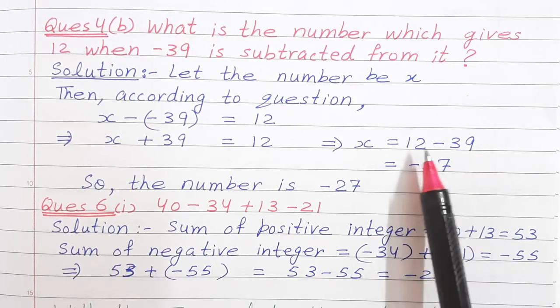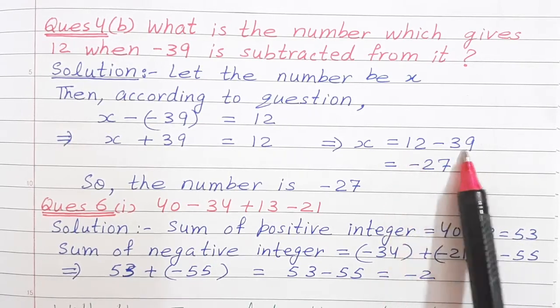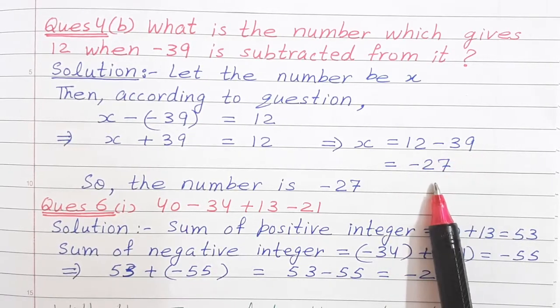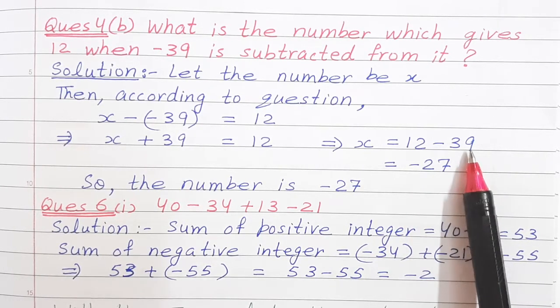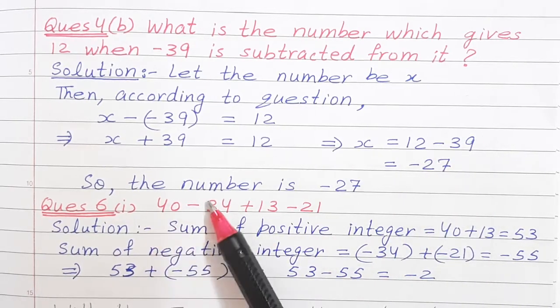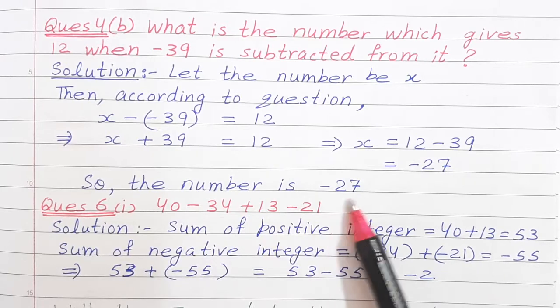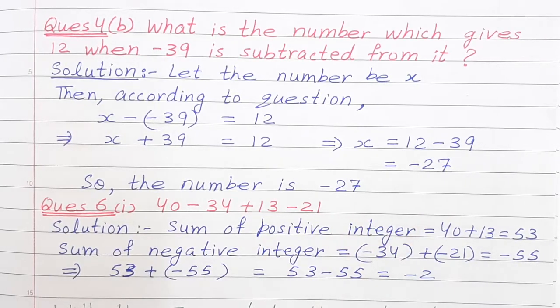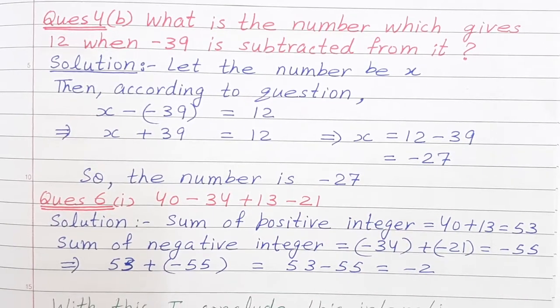So children, here we will subtract the two numbers and the answer is minus 27 because the bigger number was negative, right? So the number is minus 27. Now let us discuss the next question.